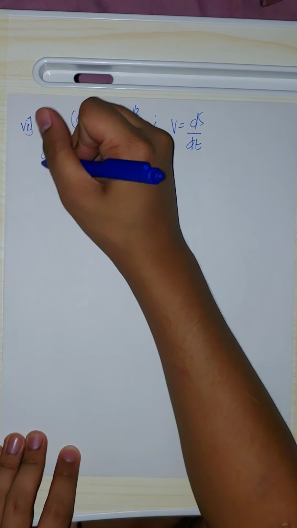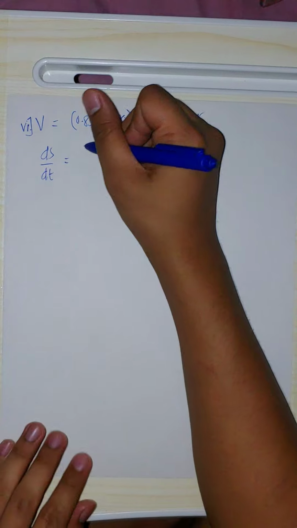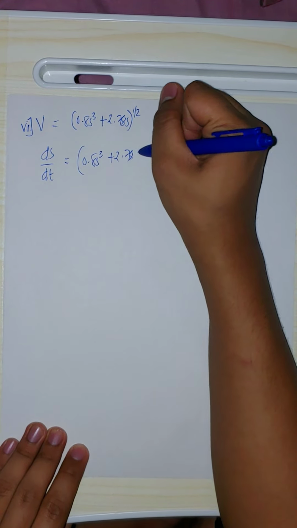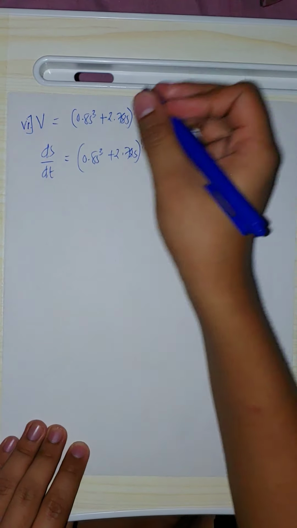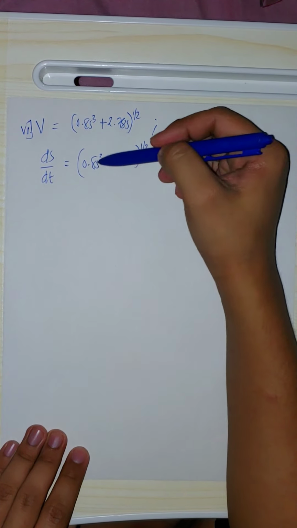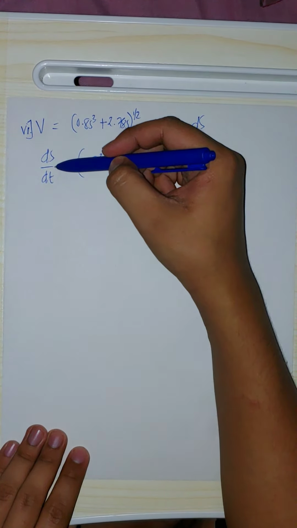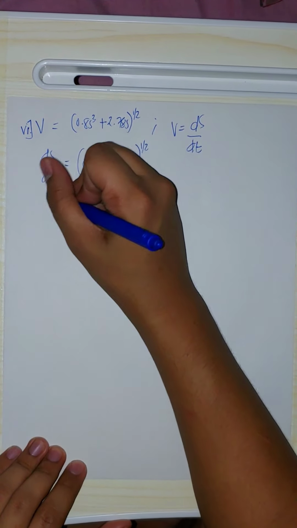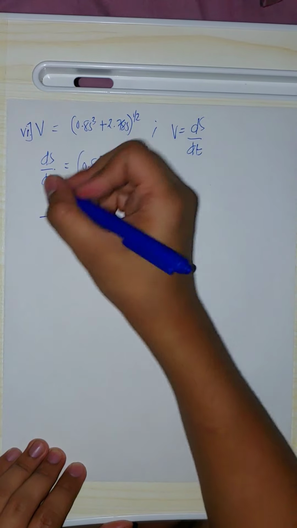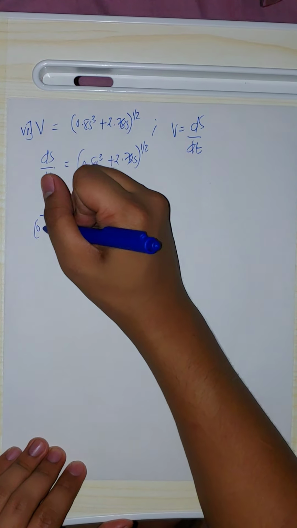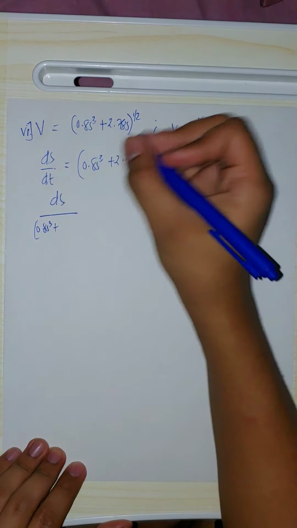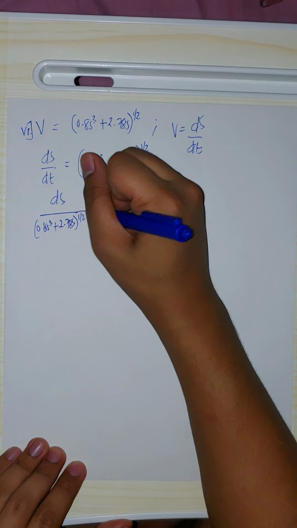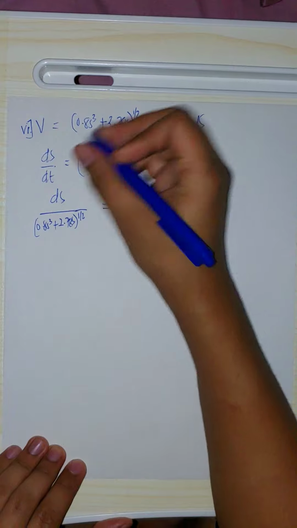So we have ds over dt is equal to (0.8 s cubed plus 2.78 s) raised to 1 half. If you can see, we have s here and we have ds here, so we can use variable separable for this equation. This is a differential equation, so we have ds over (0.8 s cubed plus 2.78 s) raised to 1 half is equal to dt.